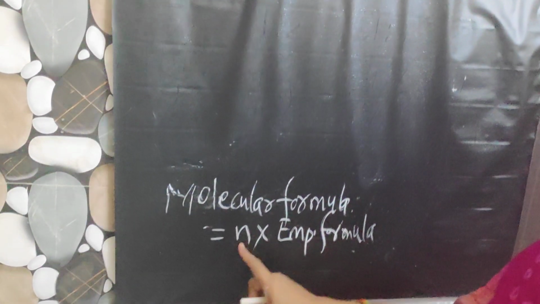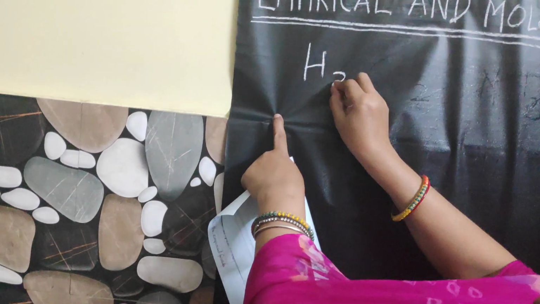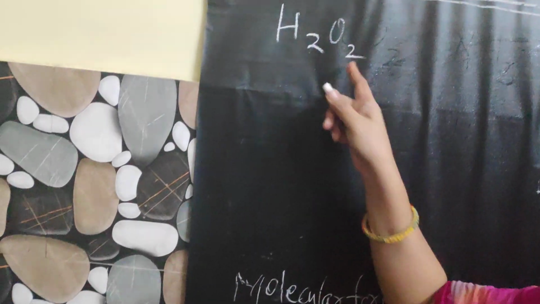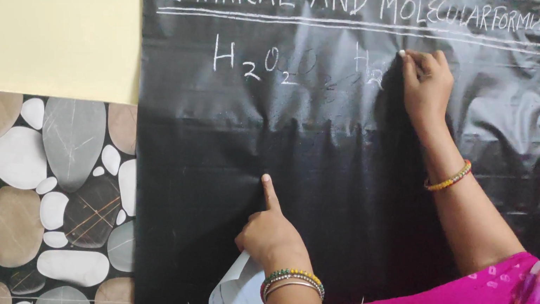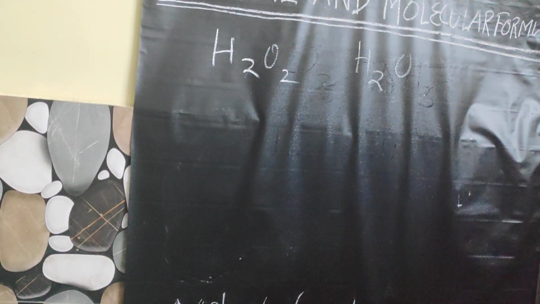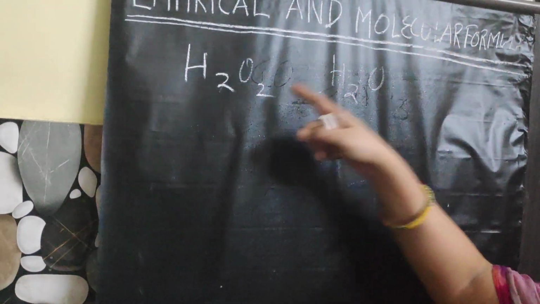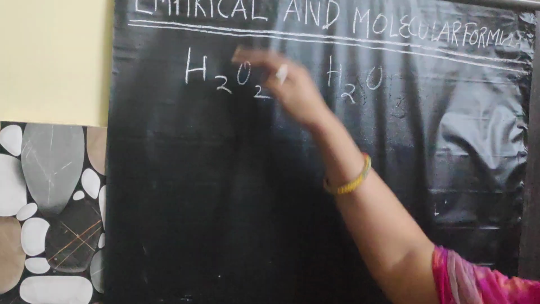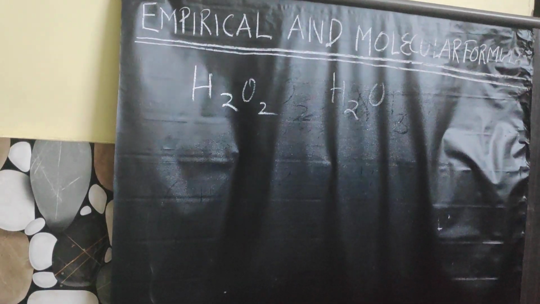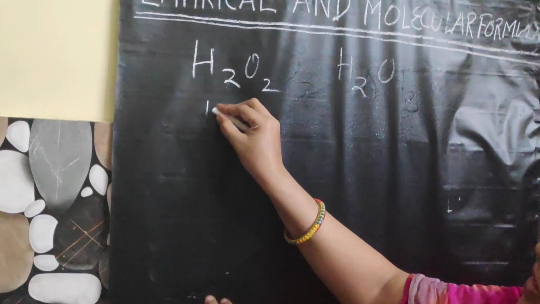Now this N can be 1, 2, 3, whatever. Suppose we are talking about hydrogen peroxide, H2O2. We already know water is H2O, where there are 2 atoms of hydrogen and 1 of oxygen. This is the exact formula for water, and this is the molecular formula for hydrogen peroxide. Basically, what is the empirical formula? It will be the simplest ratio. Here the hydrogen and oxygen are similar, so it will be HO.